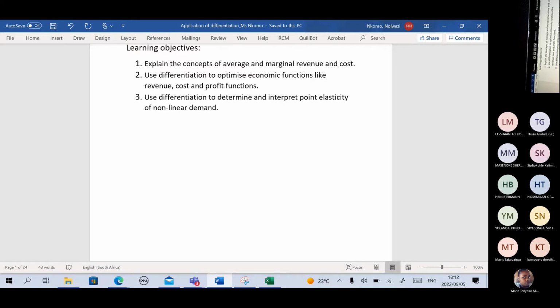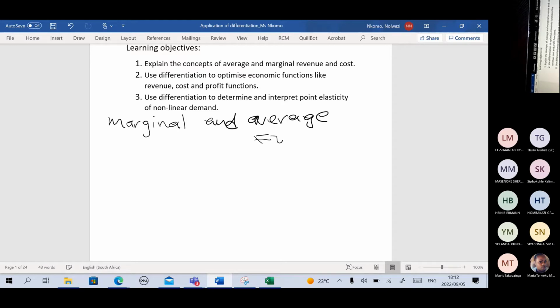Okay, starting from marginal and average functions. As I said in the previous chapter, you were introduced to derivatives, right?